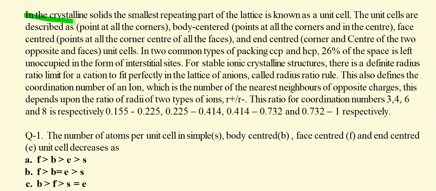In the crystalline solid, the smallest repeating part of the lattice is known as the unit cell. This unit cell repeats itself to form a single lattice, and this lattice repeats itself to form the crystal.